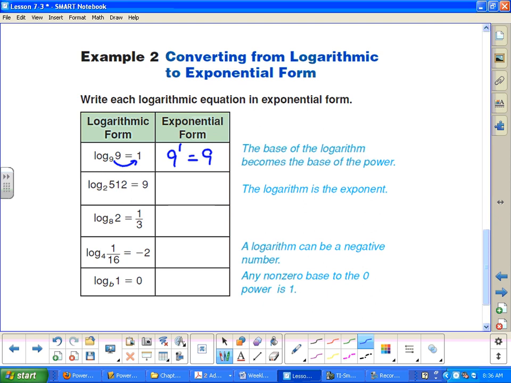They are true equations. If you ever get one that's false when you look at it exponentially, then you've made a mistake. So 2 to the 9th power equals 512.